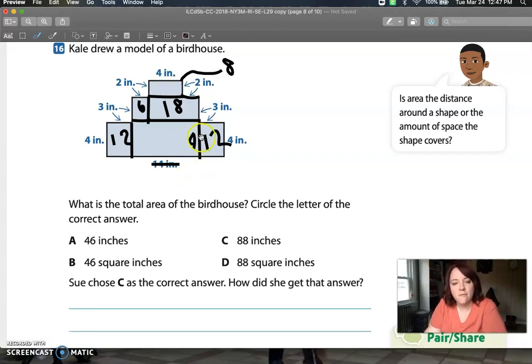So now we have the 4 and we have all of this. Well, we said this side is 6. Then we said that this side is 2. So we said 6 plus 2 was 8. So now we need to do 8 times 4. Who can tell me what 8 times 4 is? I'm going to write it down on my paper.